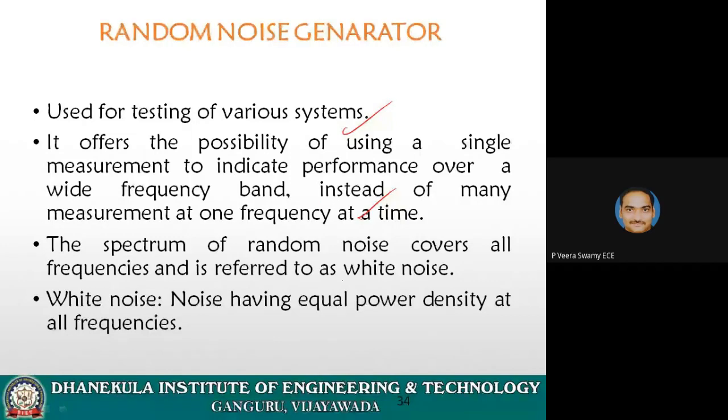That means the signal looks like voltages are the same but frequencies are different. Here the frequency, and here the frequency, and here the frequency. In these three cycles we have three different frequencies. Such a type of signal is nothing but a white noise signal.